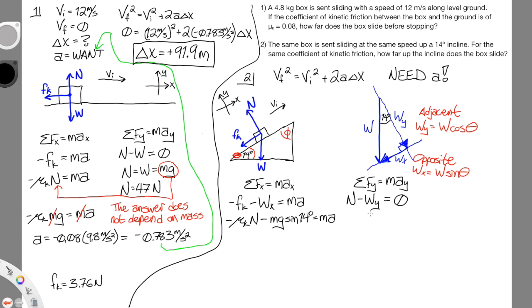And in the y direction, the normal force is a passive force. It has no formula. But the y component of the weight, we now know is mg times the cosine of 14 degrees equals 0.